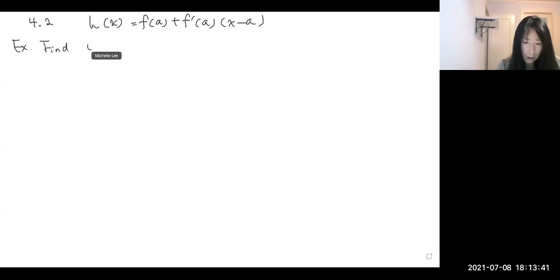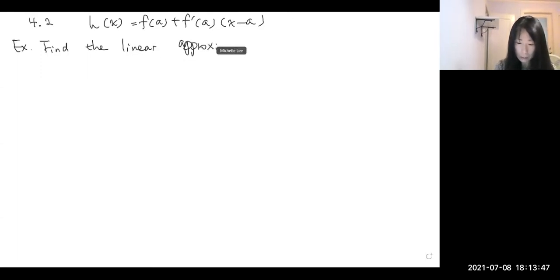Find the linear approximation of f of x.